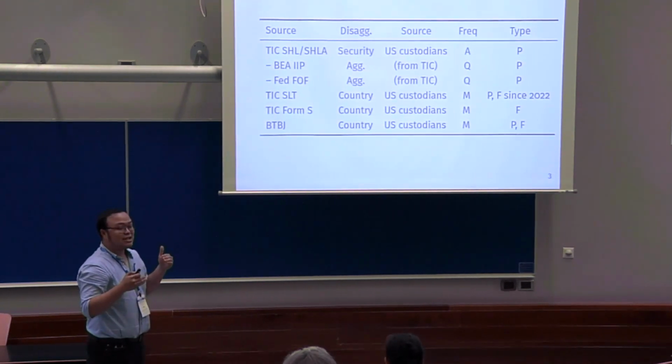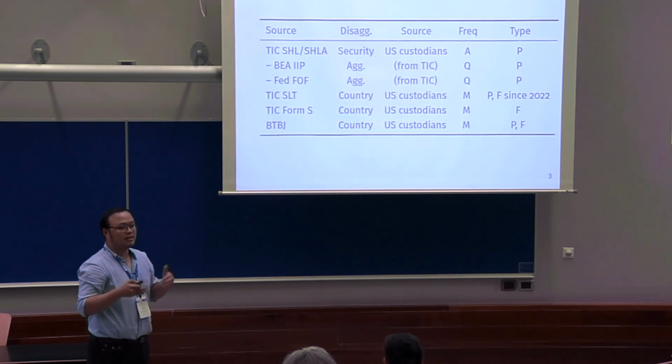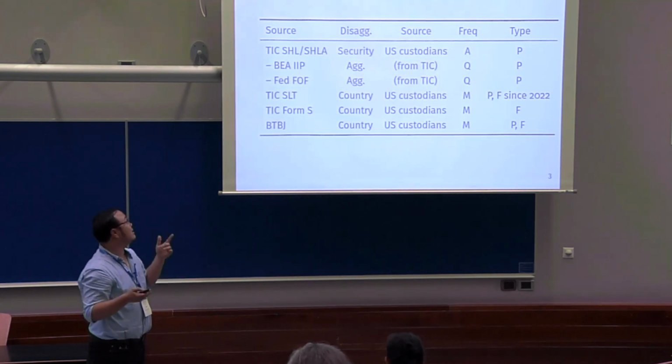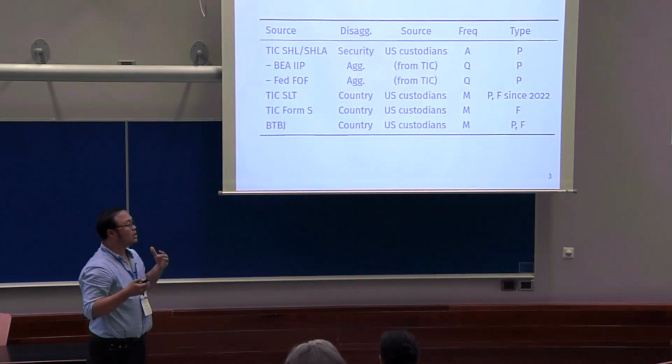The TIC SHL form is done once every 5 years, and that's the benchmark survey where all of the custodians have to report. And then every year, they survey the largest custodians. So that's the SHLA form. We have this form annually. A stands for annual. And this is very detailed at the security level.